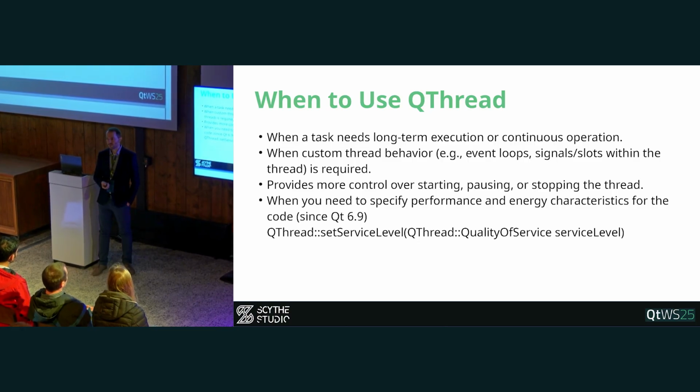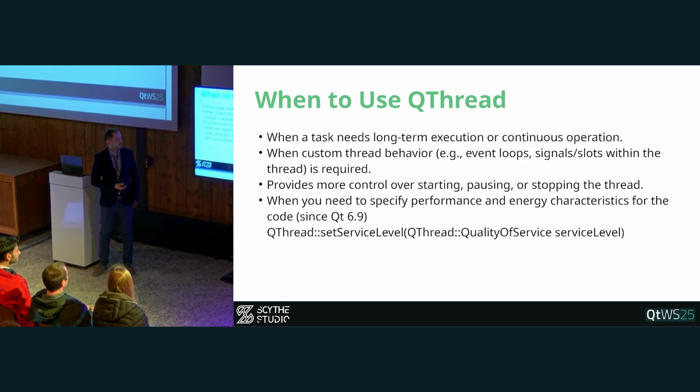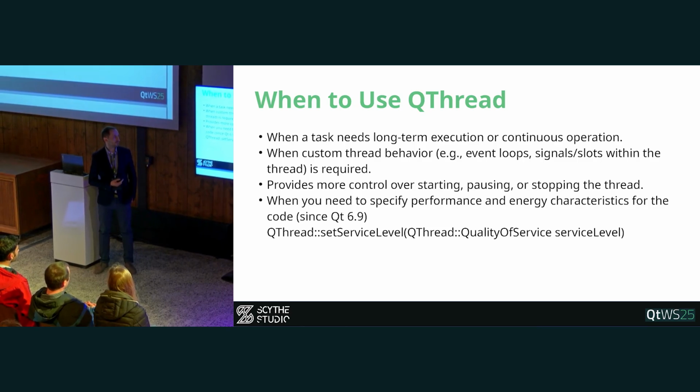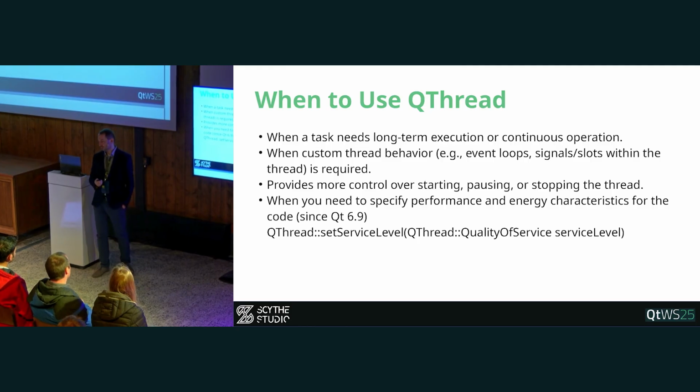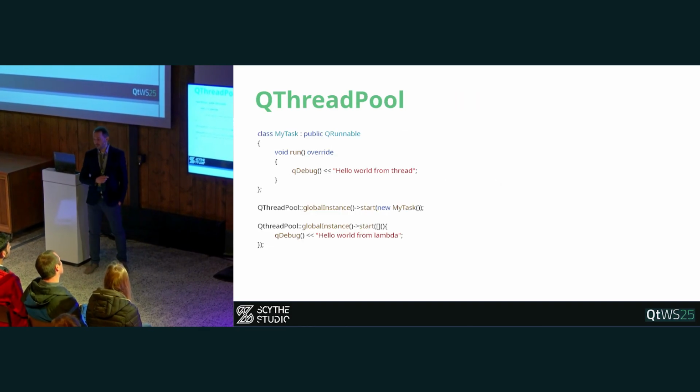So if you have particular code that you want to run either on power efficient cores or on the performance cores, right now in the Qt framework there is only one way to control it, and this is QThread's setServiceLevel method, where you specify quality of service, and there is a quality of service eco mode to enable this thread to run on power efficient cores.